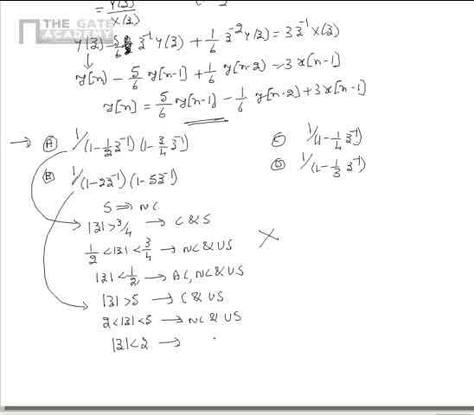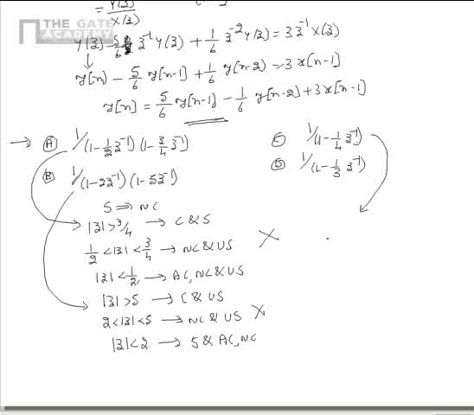In case of mod z less than 2, the system is stable, anti-causal and non-causal. From this we see that there is no ROC that corresponds to stability and non-causality. So the system B is also not a correct option.